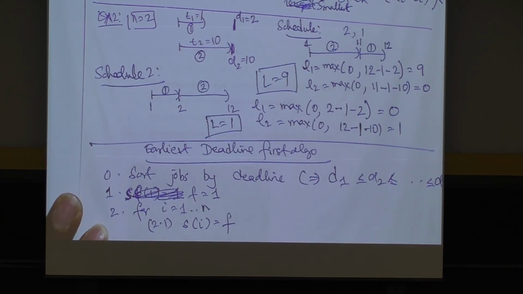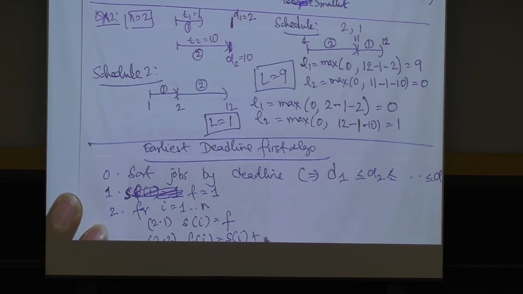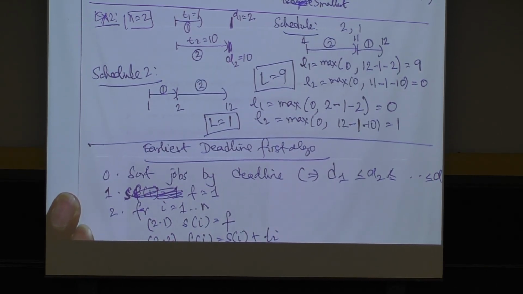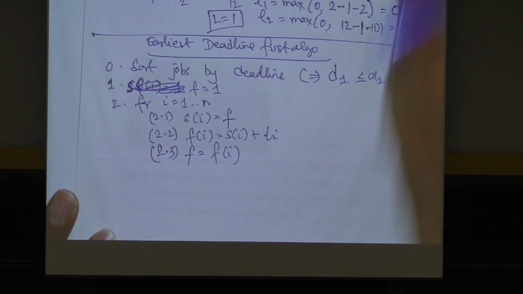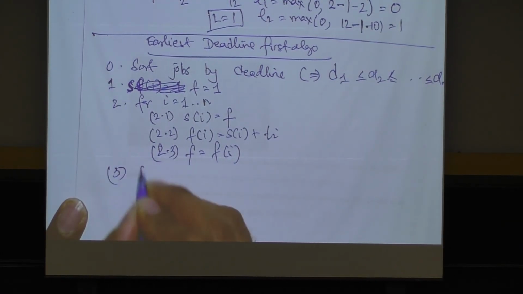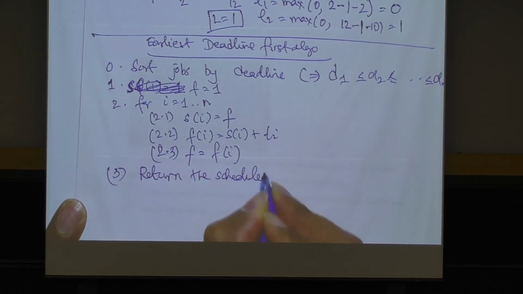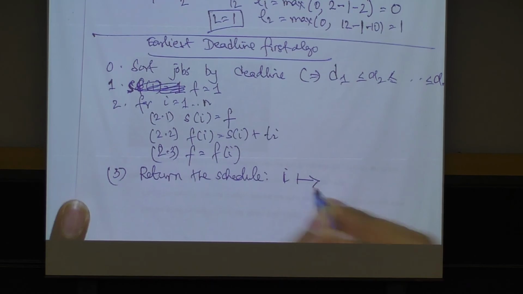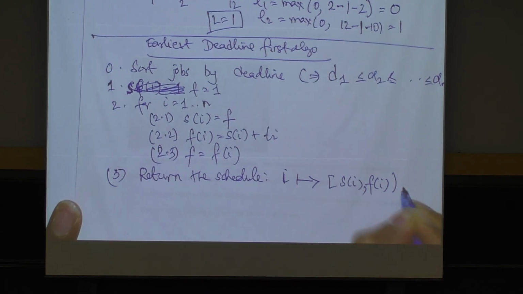So you start the new guy at the last finished time. The finish time of the ith guy is S_i plus the duration. And then you move the last finish time up to this new finish time. And then you just return the schedule that maps i to S_i till F_i minus 1. Okay.